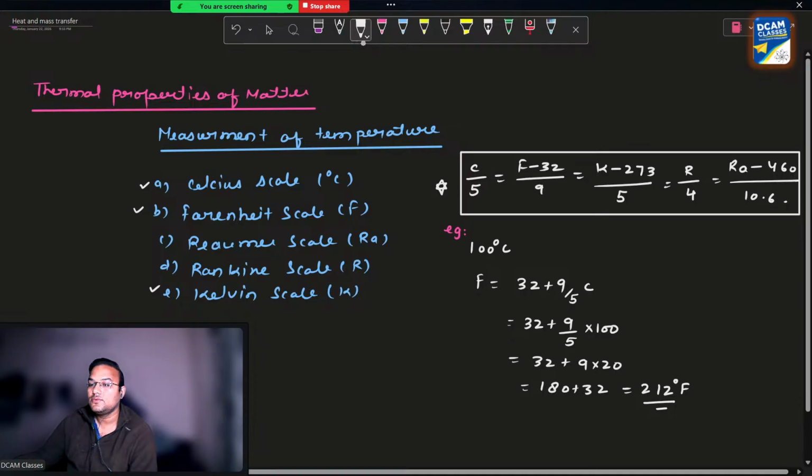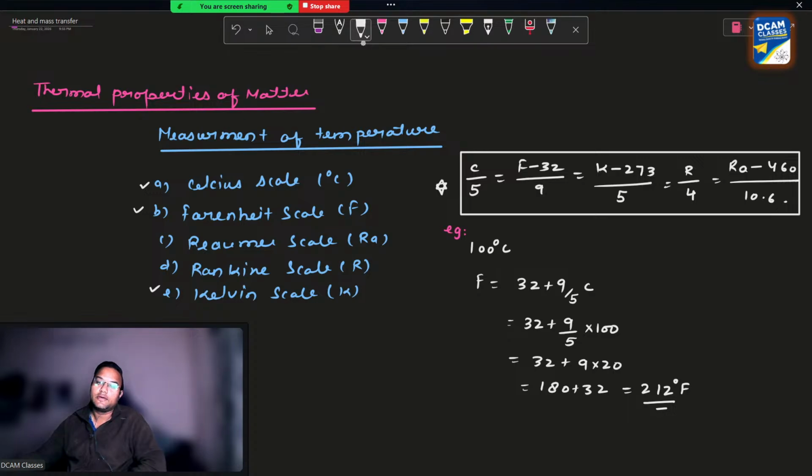This is how we convert 100 degrees Celsius to Fahrenheit.